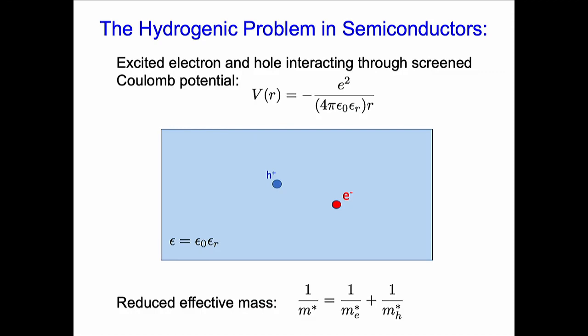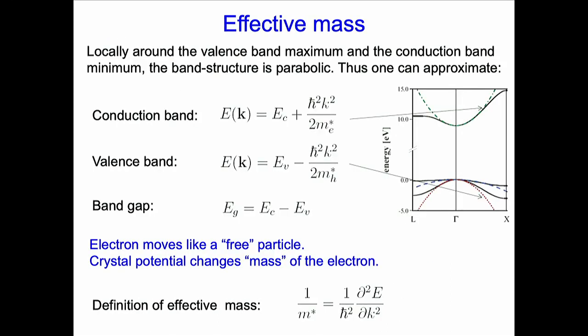So at the end, you see it's the same problem as the hydrogen atom, just we have a reduction in screening, and we have a different effective mass. So first of all, we have the effective mass of the electron and of the hole, so we have to calculate the reduced mass through the sum of the inverse masses. Remember, sometimes it's good to look back, what does effective mass mean?